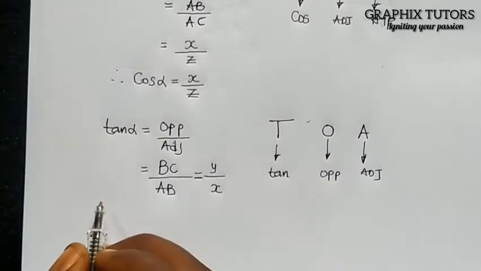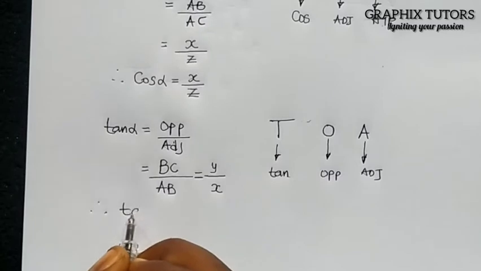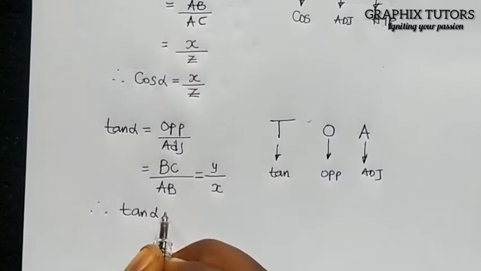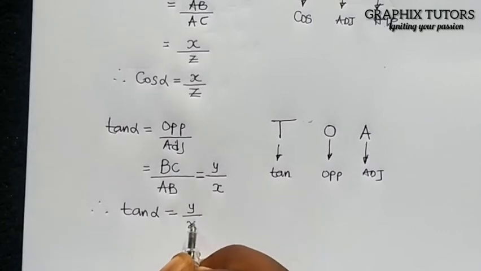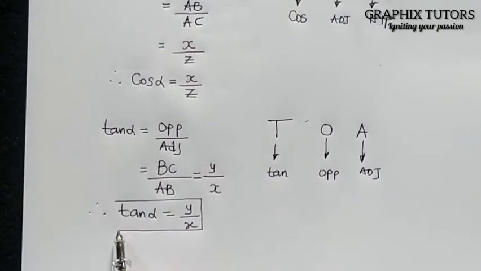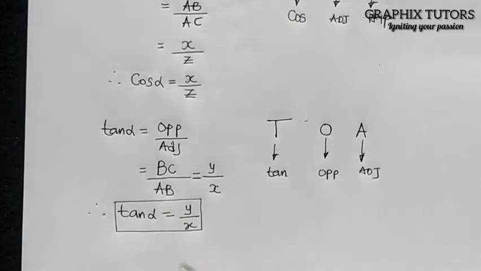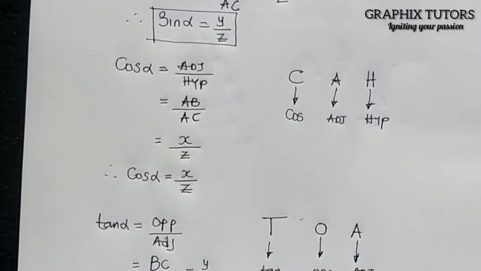So we say that therefore our tan alpha is equals to what? Y all over X from that triangle. Is that taken? So we've got the three of them.